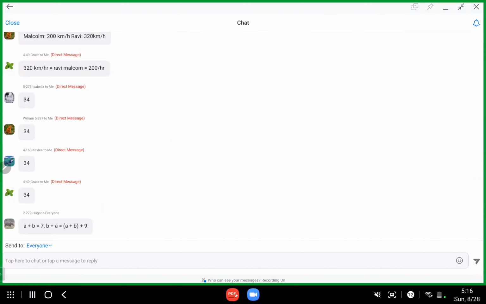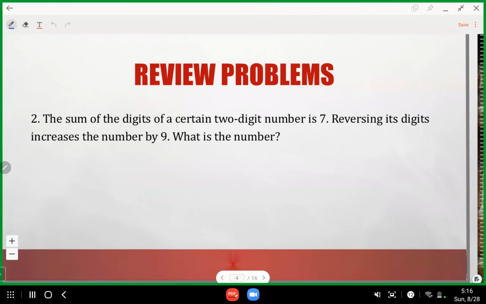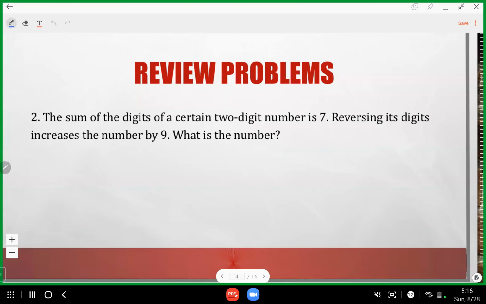So I think your equation is pretty close, right? However, let's look at this a bit. Let's say we have the number AB, where A and B are digits. They're not multiplying, right?